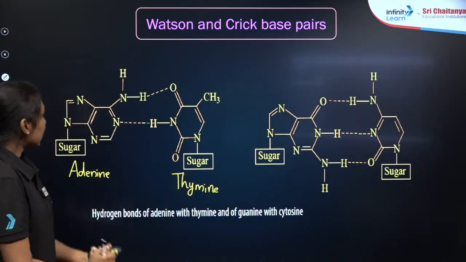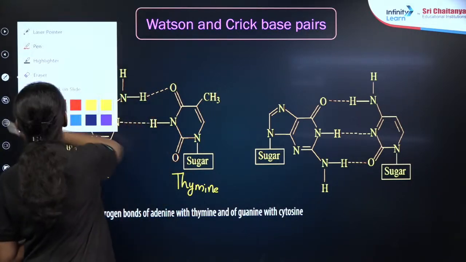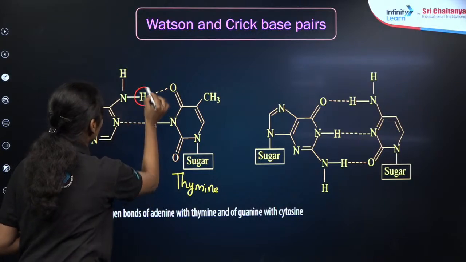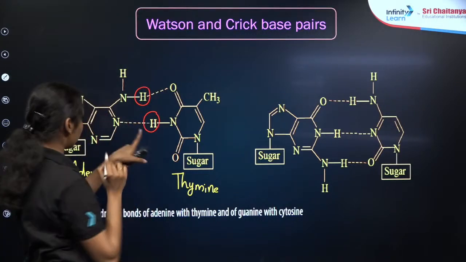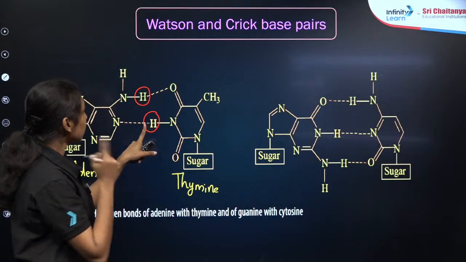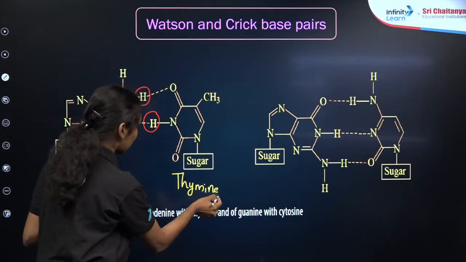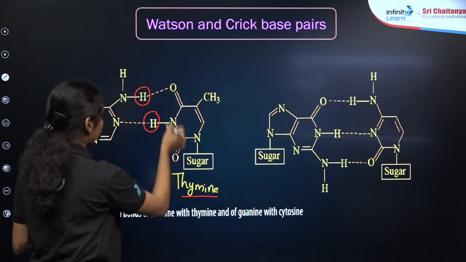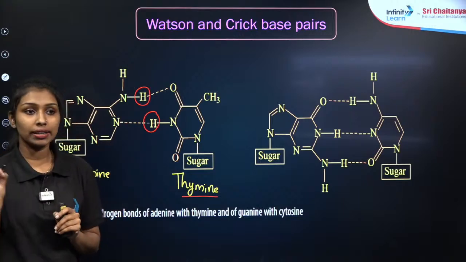You can see that there is a hydrogen present in the adenine molecule, so it will form a hydrogen bond with the next nitrogen base, thymine, which has oxygen and nitrogen. So it will form two hydrogen bonds.